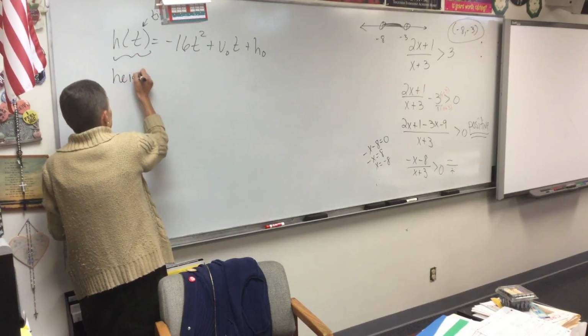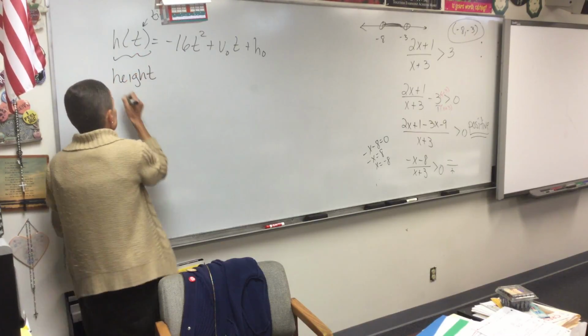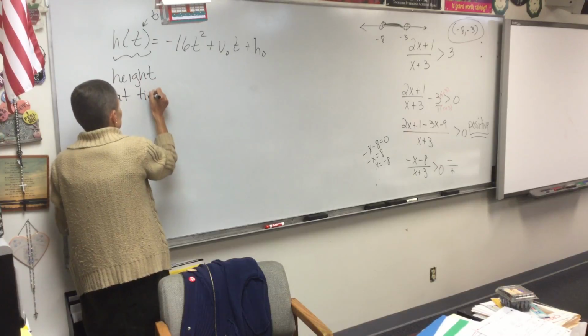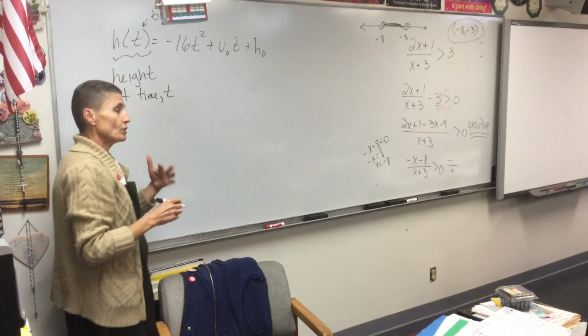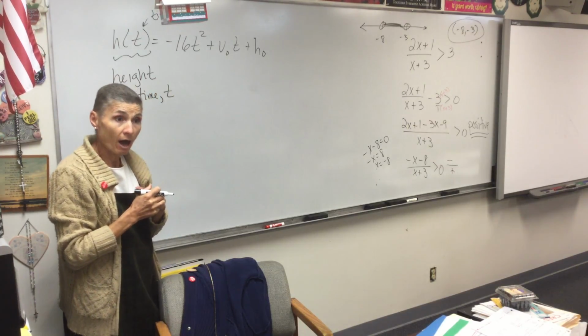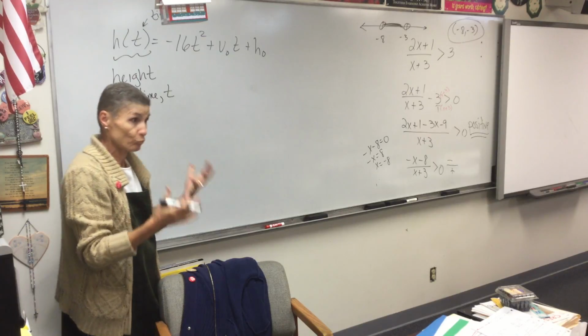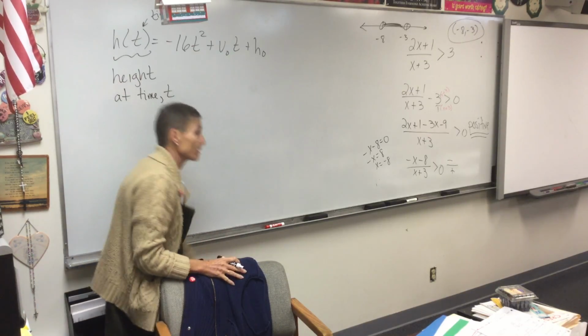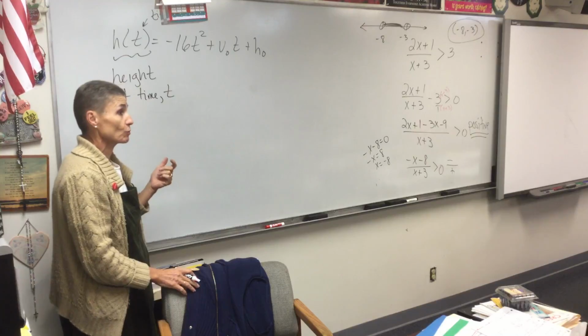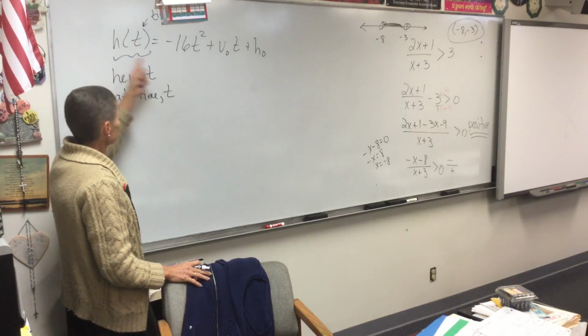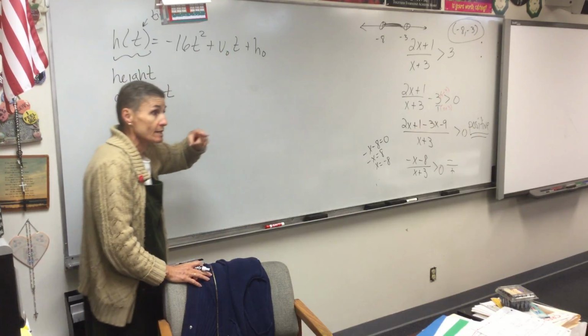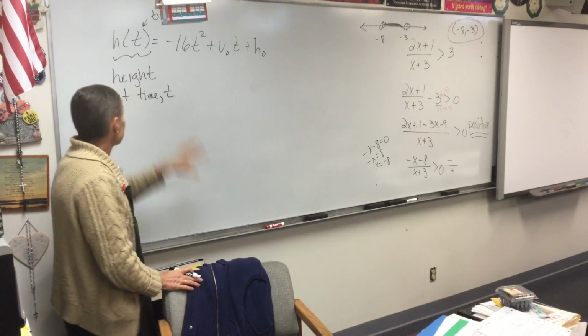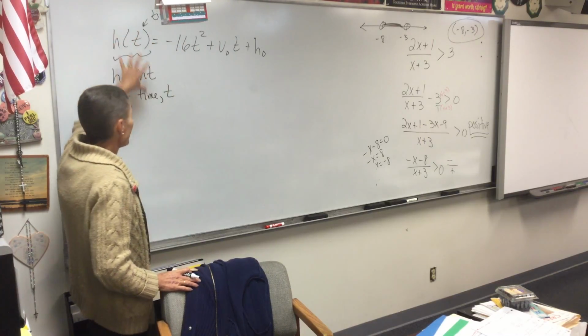This is the height at time t. So, if we wanted to know how high an object was above the ground after 3 seconds, I stand on the ground and throw it up, how high is it after 3 seconds? I would simply plug 3 in for the t's. And then whatever it equaled would be the height.